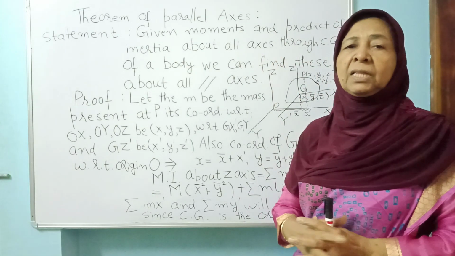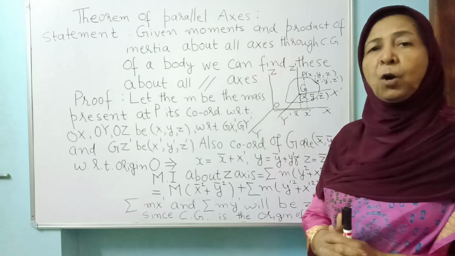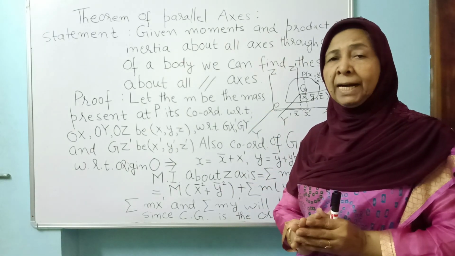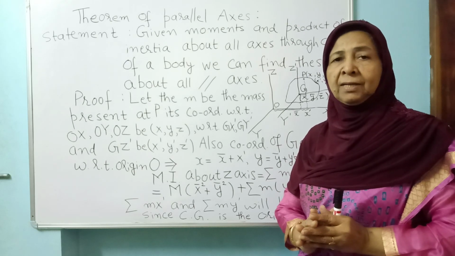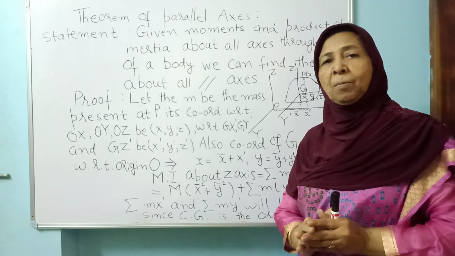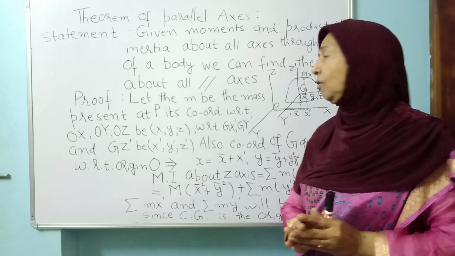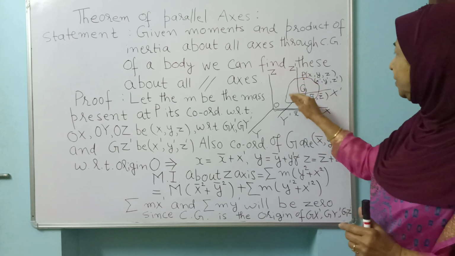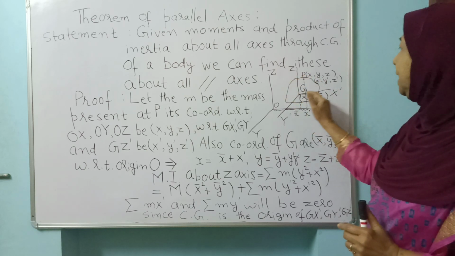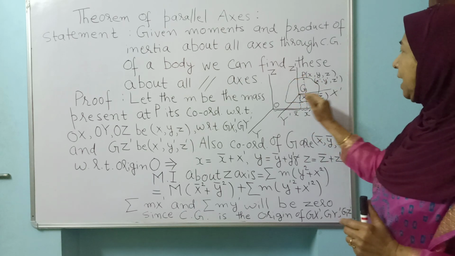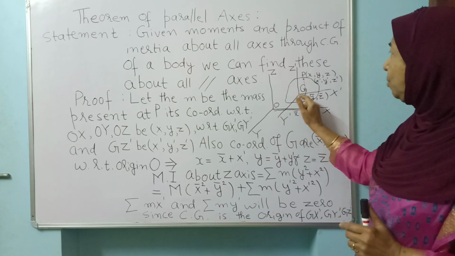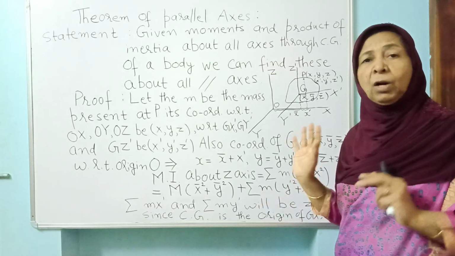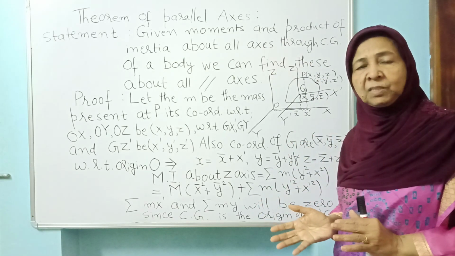So if the moments of inertia and products of inertia of a body are calculated along 3 axes passing through the center of gravity, that is known. That means the moment of inertia of this body about gx dash, gy dash, gz dash is known to us. We already obtained that.